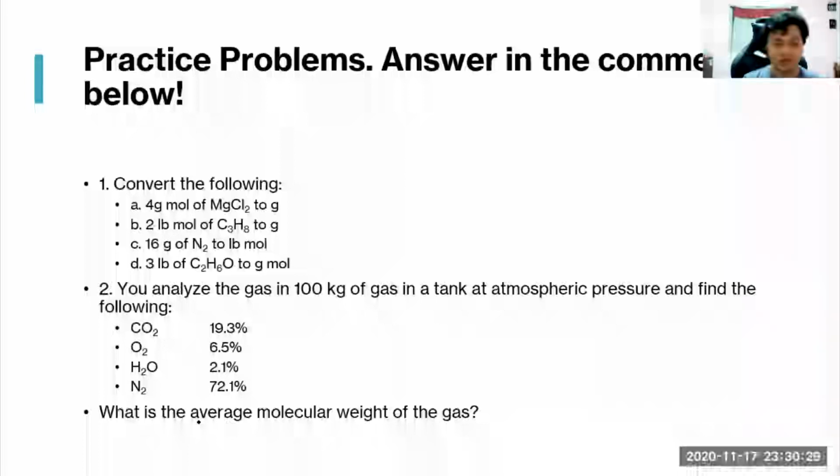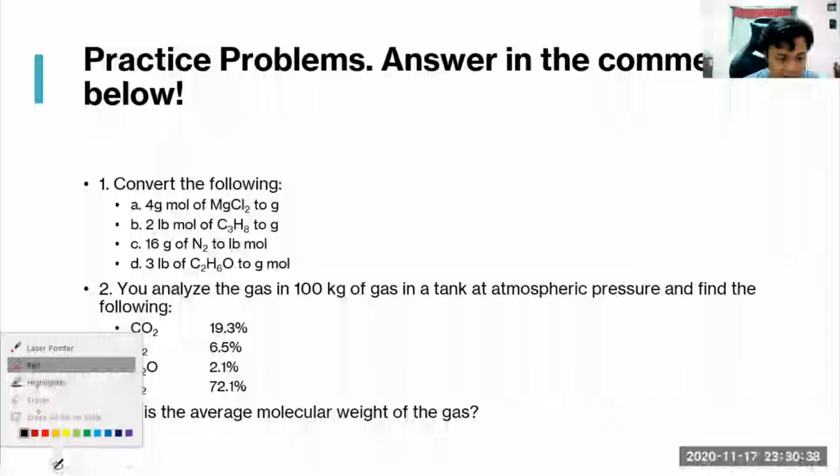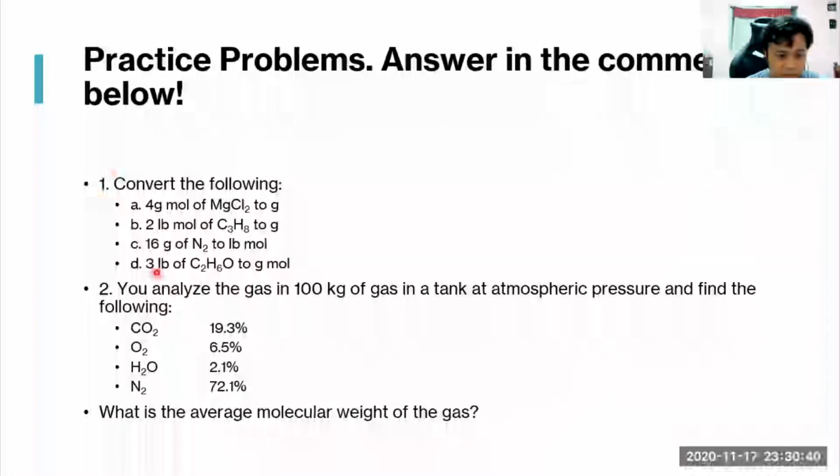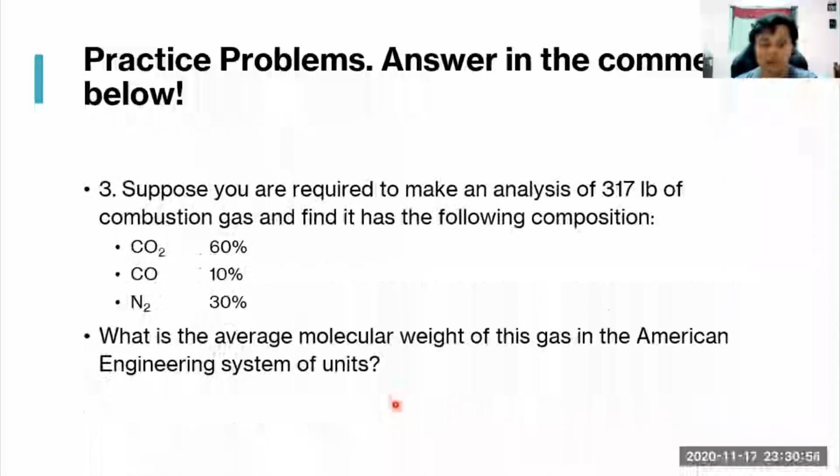Okay, so we have to convert the following. I have something for you to convert and then to analyze. The average molecular weight of the gas. I've shown you how to calculate this, and the last practice problem I will give you is this.